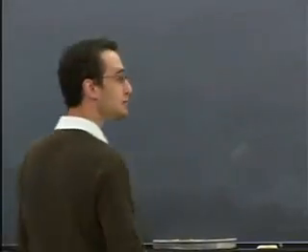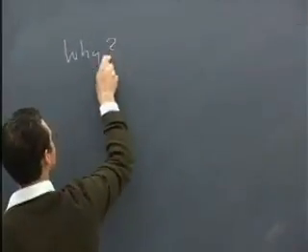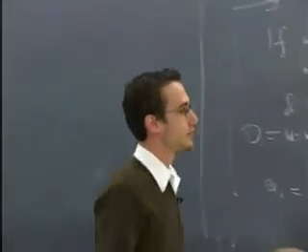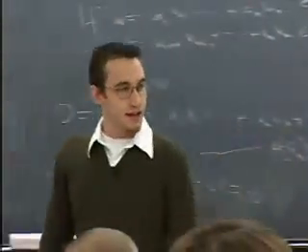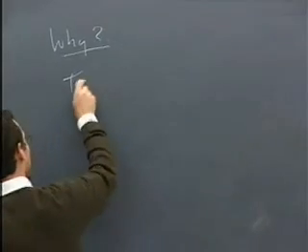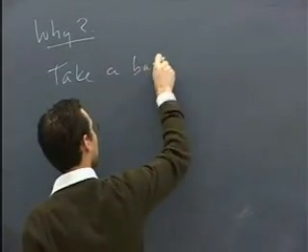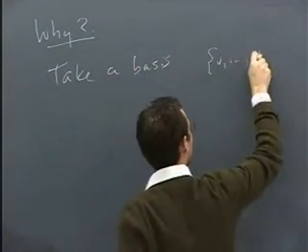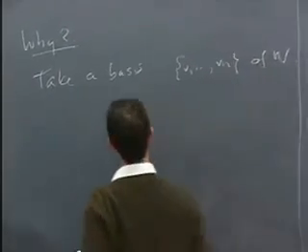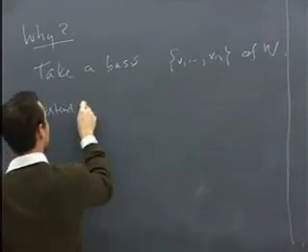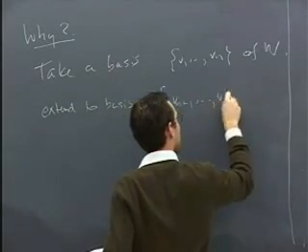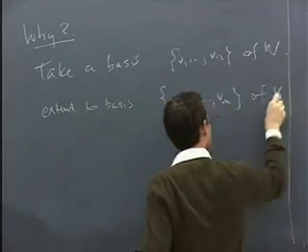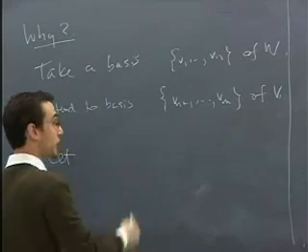Yeah, Emily. If you take a basis for W, you extend it to a basis for V, and then the extra part of the basis will be the basis for W prime. Exactly. So paraphrasing, the point is that we take a basis, call it V1 through Vn, of W, extend to a basis V1 through Vm of V. We're allowed to do this.